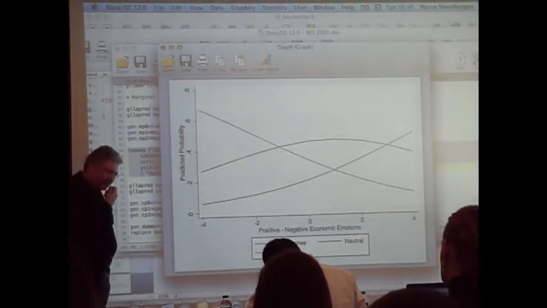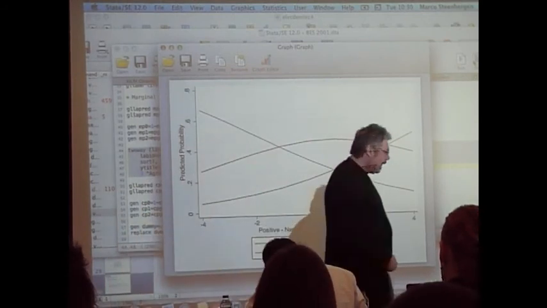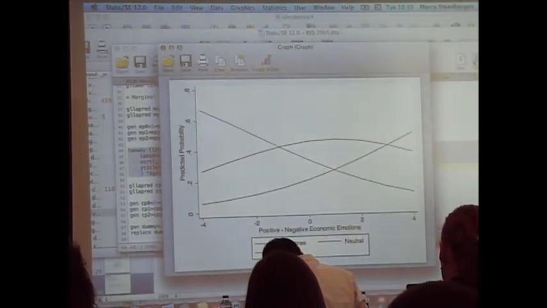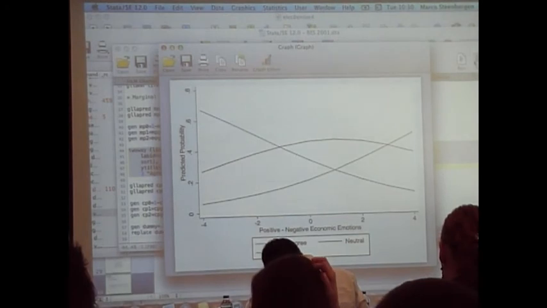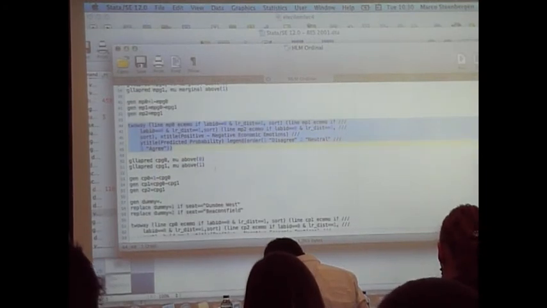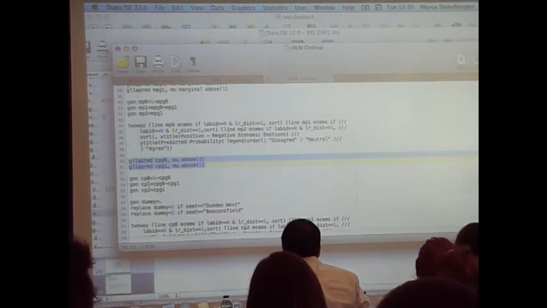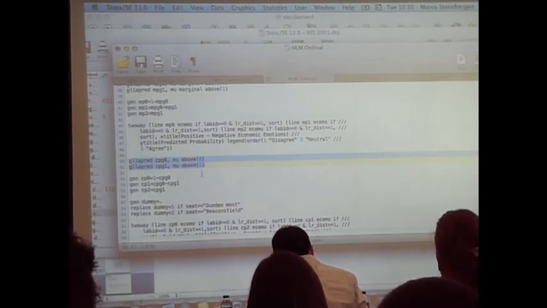That's not all that interesting. You could do it, in which case you would issue the following syntax. The same as what I had before, I just dropped the term marginal.